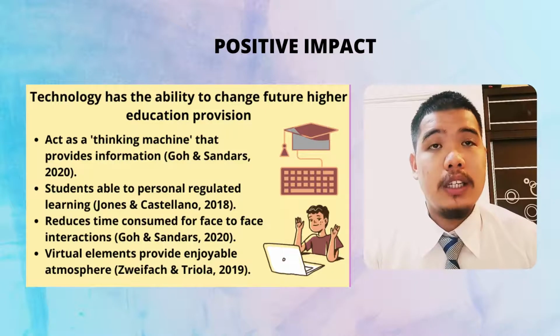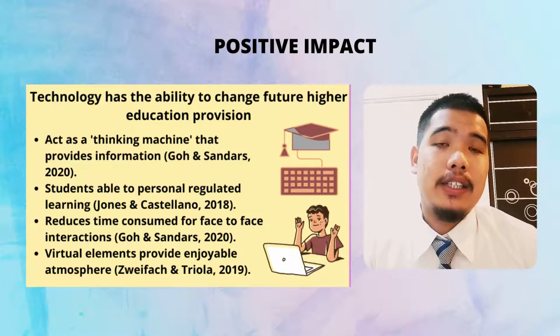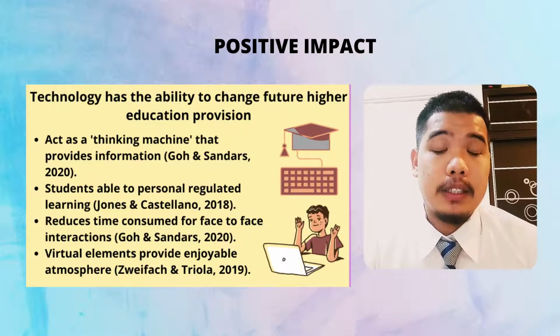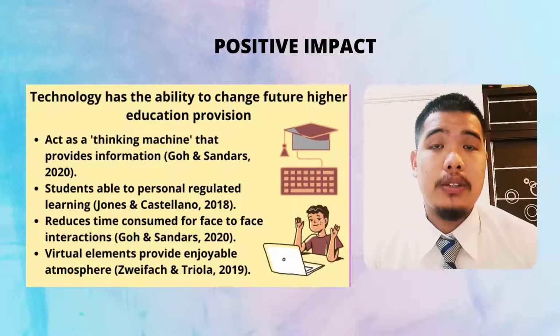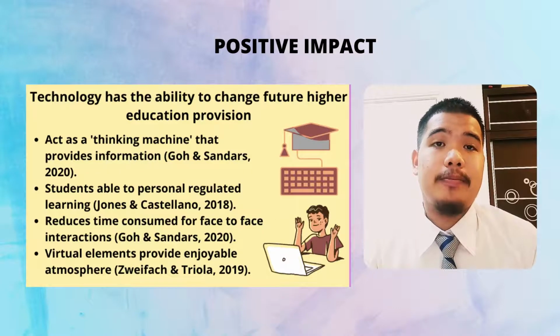Moreover, technology is able to solve problems, which helps students with their personal regulated learning, as mentioned by Jones and Castellano 2018. As an example, students can get more information on their learning by finding education channels on the internet.